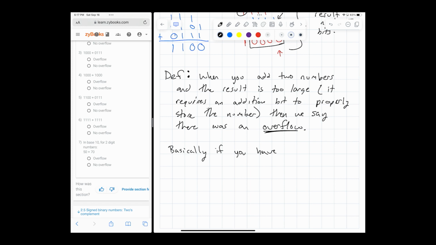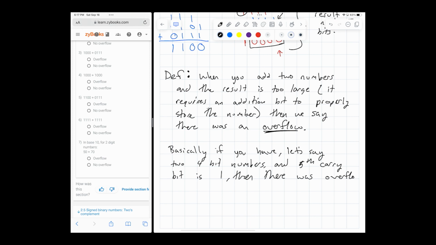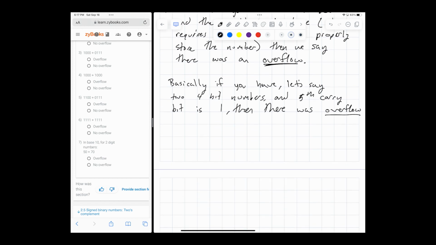Let's say two 4-bit numbers, and the carry bit, the fifth carry bit, the last one, is 1, then there was overflow. Okay, and that's going to be true in general, right?